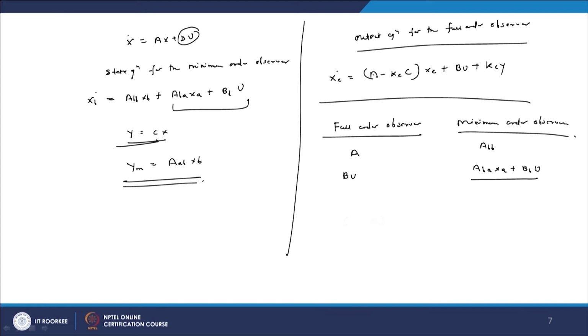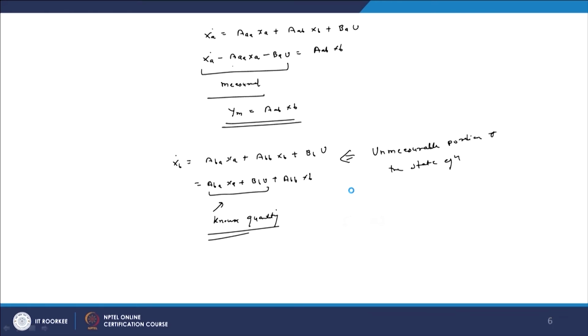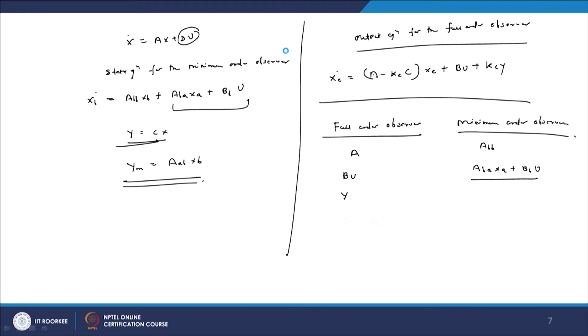Now, about the output. In case of the full order observer, we write Y, whereas in the minimum order observer we write Ym, and this Ym equals XA dot minus AAA XA minus BA into U. So, we can write this as Ym.